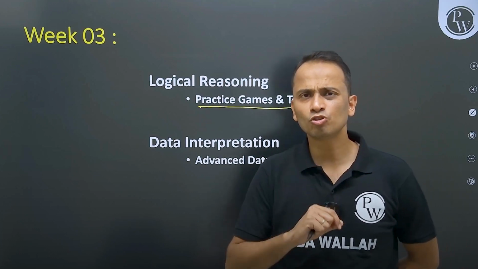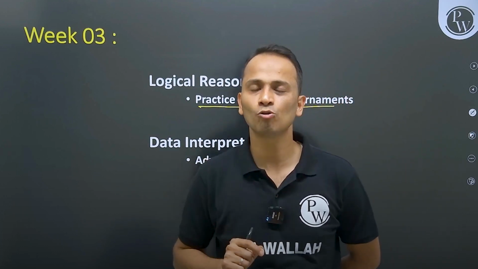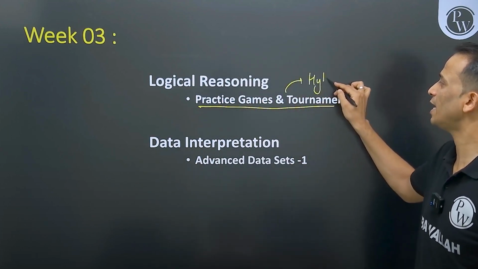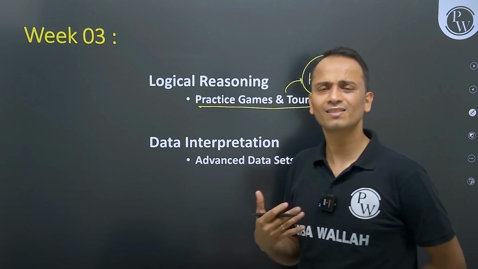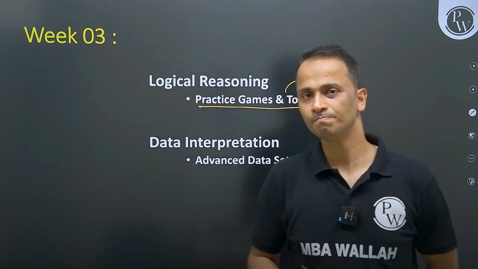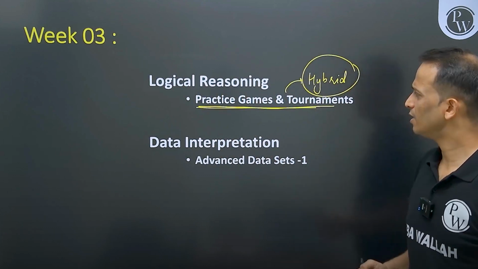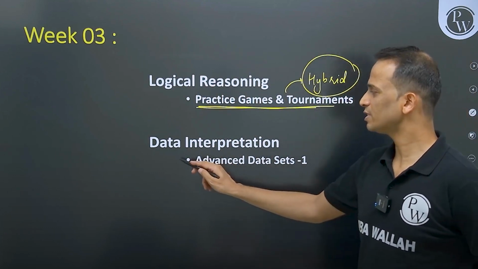Then in games and tournaments, once you have the entire knowledge of knockout and round robin, you can start handling the questions from hybrid games and tournaments. Hybrid means the sets which have the combined logic of both knockout and round robin. All right, fine. So you can practice these questions for 2 or 3 days.